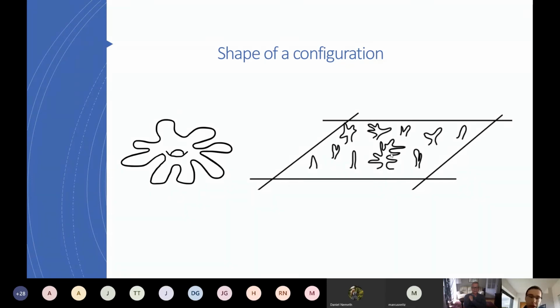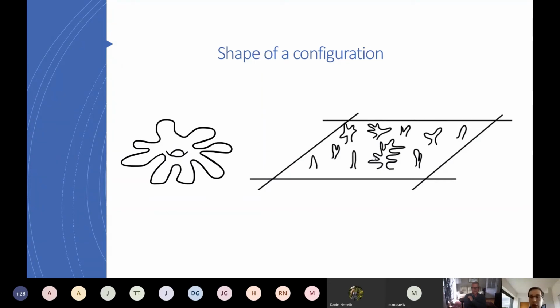Now the correlation is easy to understand, because if we start at a simplex within such an outgrowth and we want to make a loop in any direction, then first we have to make a number of steps to leave the outgrowth, then we have to make a loop, and then we have to go back into the outgrowth. So no matter in what direction we want the loop to be, we still have to make a number of steps within such an outgrowth. This tells us something about the general shape of the configuration.